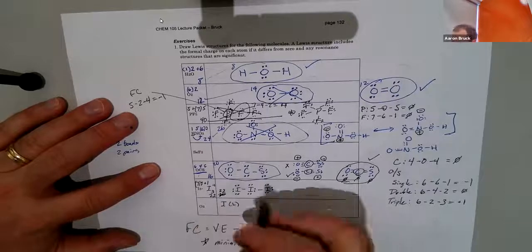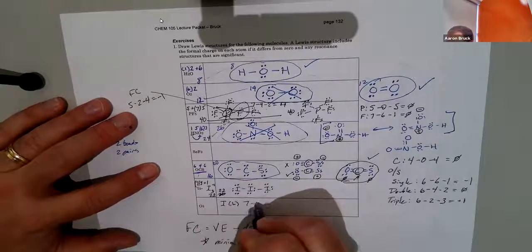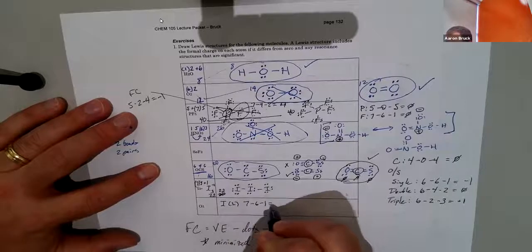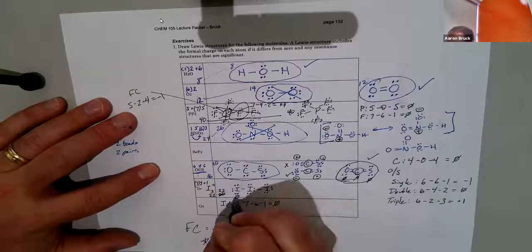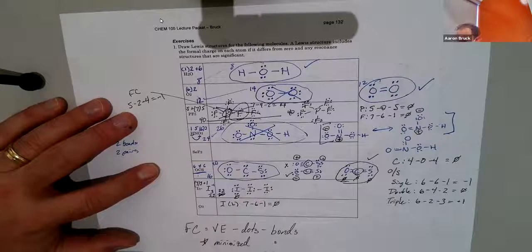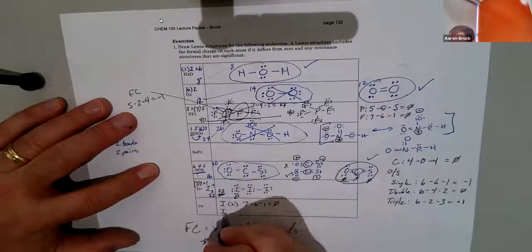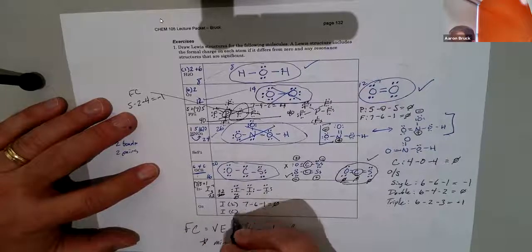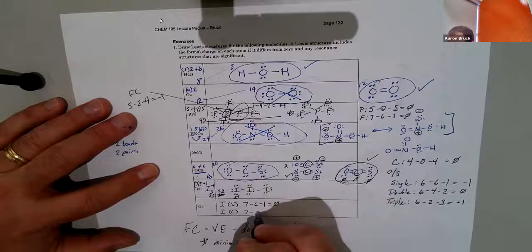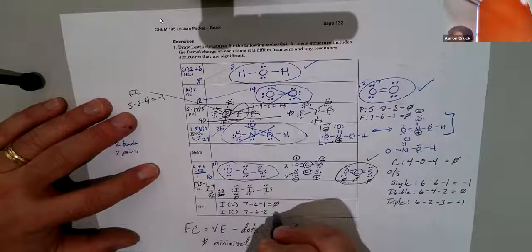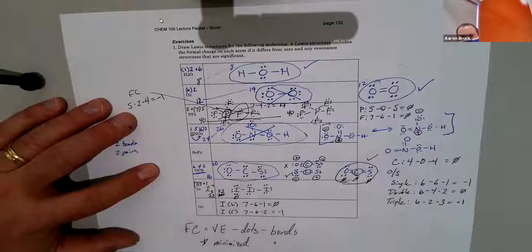From a formal charge standpoint, the iodine on the left, 7 valence electrons, 6 dots, 1 bond, no formal charge on that left iodine. Iodine on the center, 7 valence electrons, 6 dots, 2 bonds, -1 charge overall.